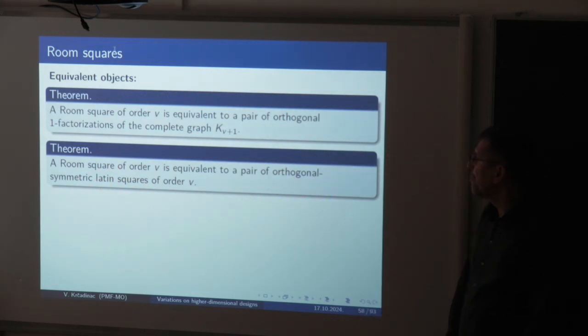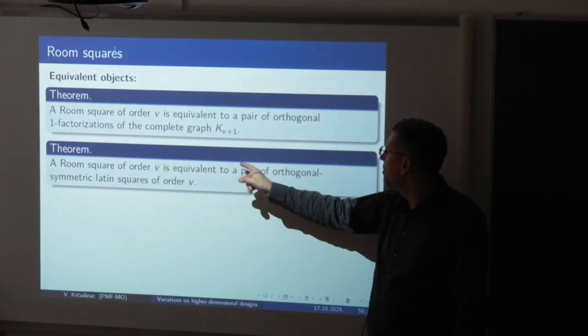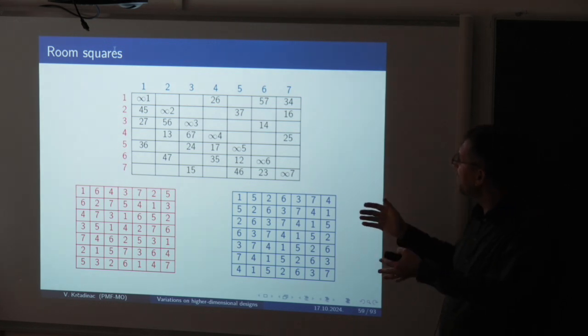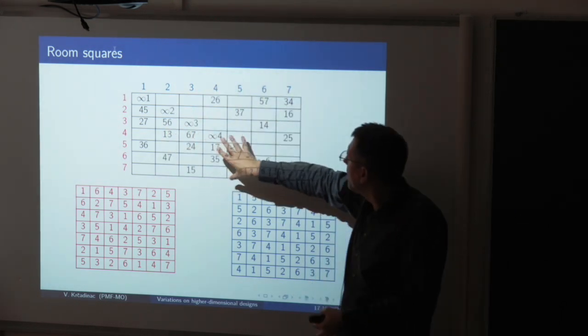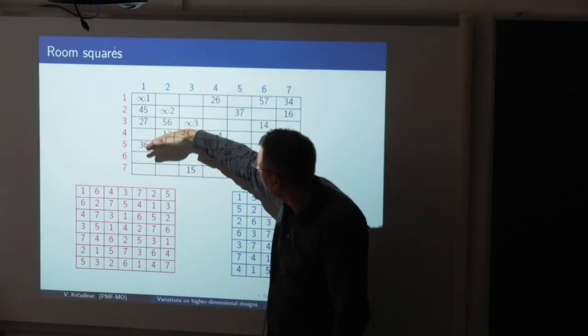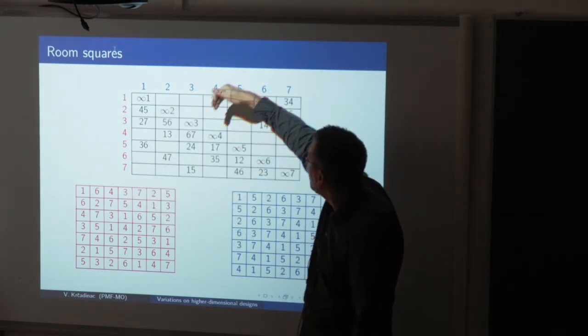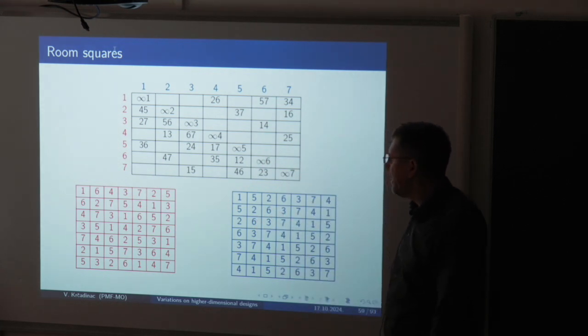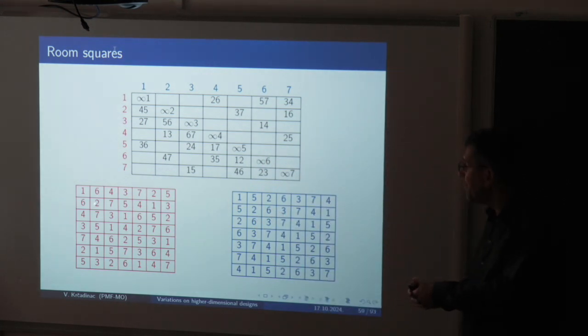And also a Room square of order V is equivalent to a pair of orthogonal symmetric Latin squares. Again, you can define using this Room square one matrix using the rows, that's the red one, the other one using the columns, the blue one. They are Latin squares and they are symmetric.